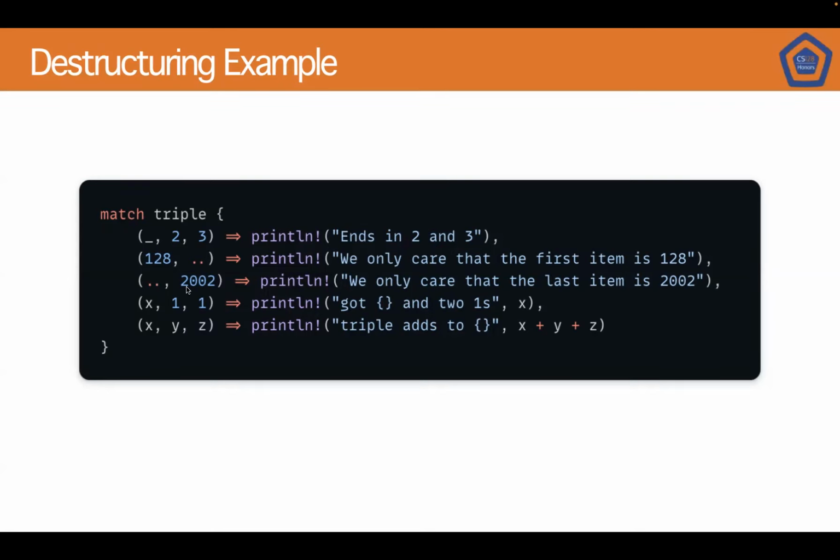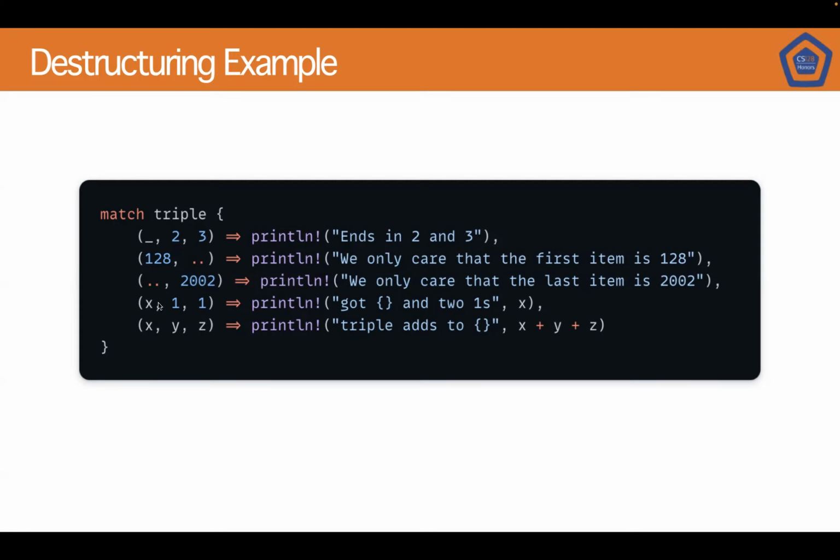In the fourth arm, we're doing variable binding. This variable x is not a pattern. It's functioning as a wildcard. So if this tuple has 1 and 1 in its last two positions, it will match this pattern regardless of what's in the first spot.